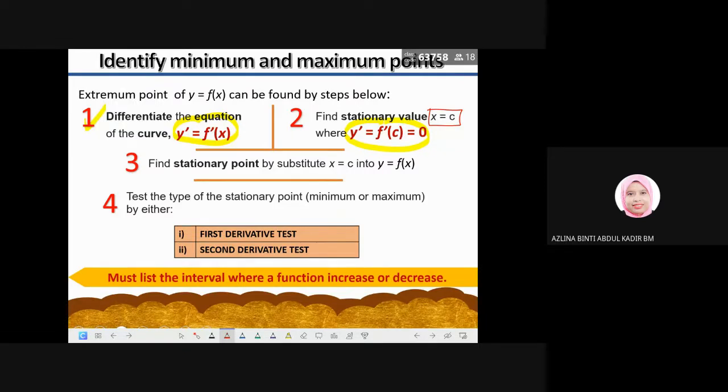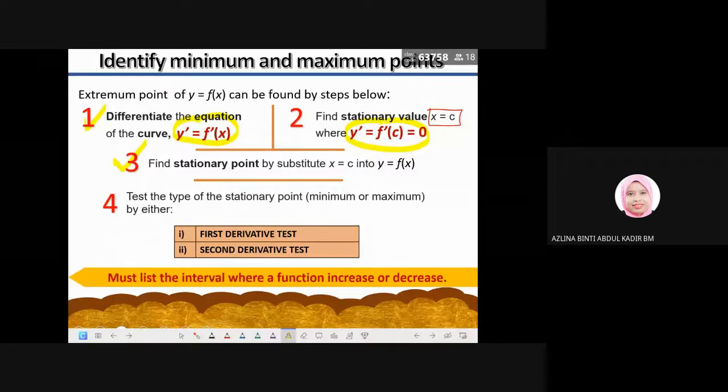Usually there is one or two. Then from the stationary value, we need to find the stationary points. Stationary points means you must find the value of y. A point is a coordinate, so you must find y.